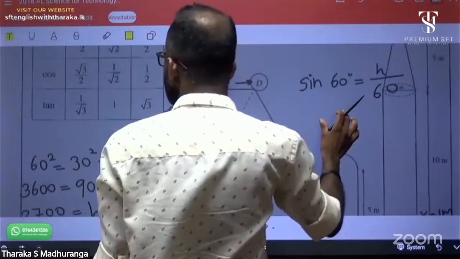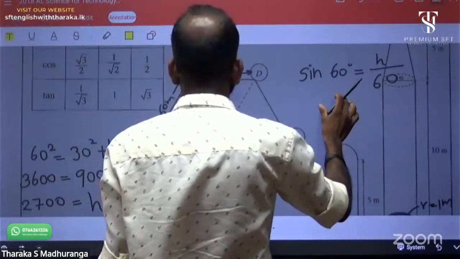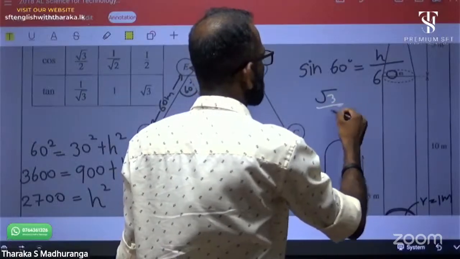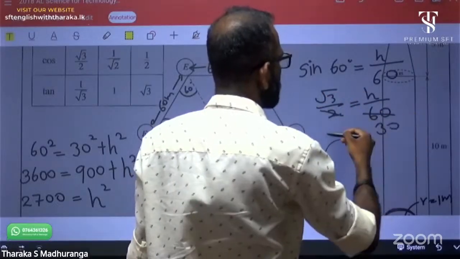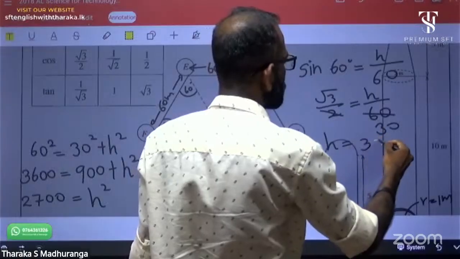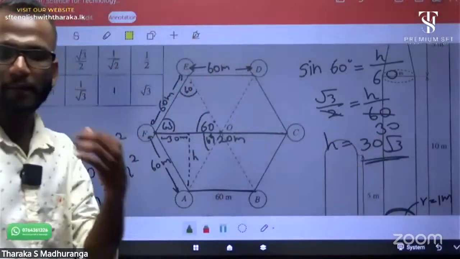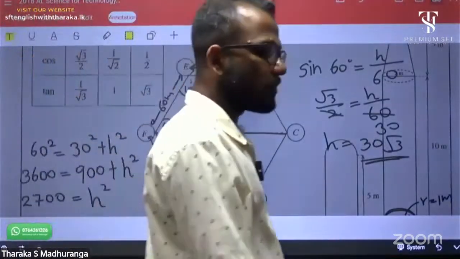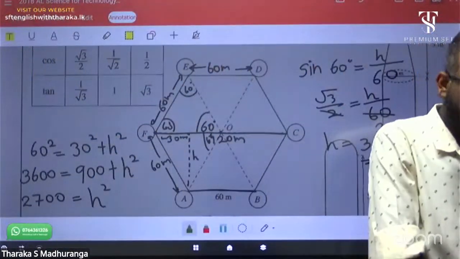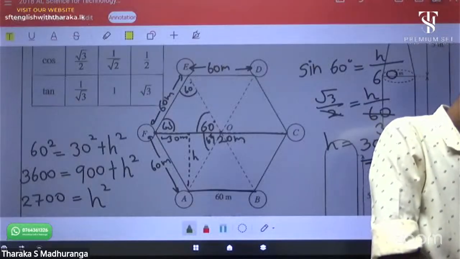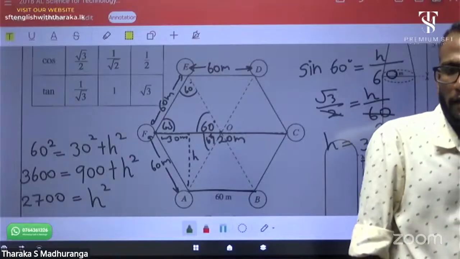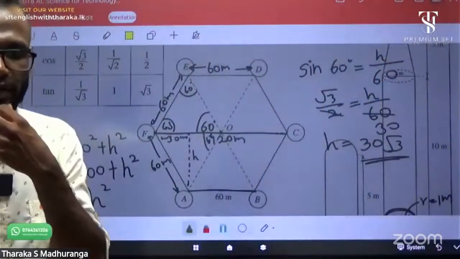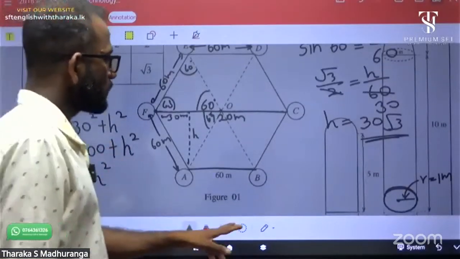Then h equals 30 root 3. 30 root 3 means 51.96. Good.